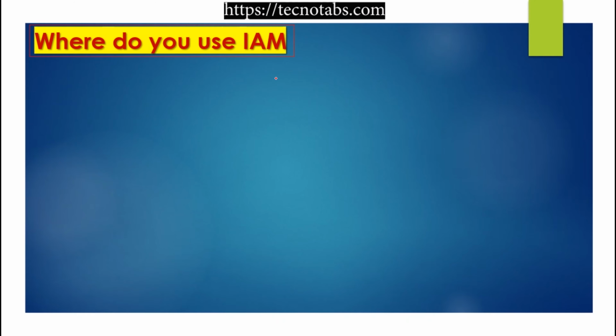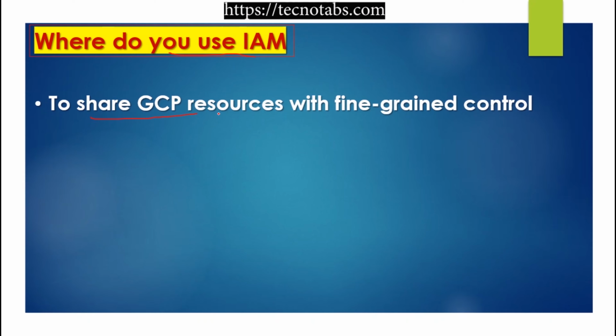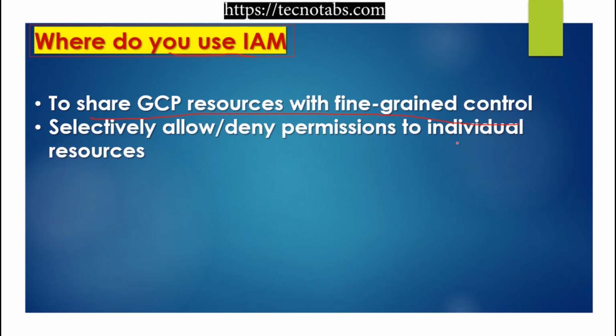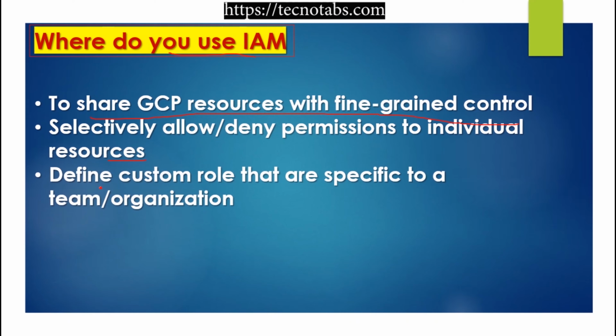It's time for us to understand where to use IAM. To share GCP resources with fine-grained control, we use IAM, right? To selectively allow or deny permission to an individual resource, we use IAM. And to define custom rules that are specific to a team or organization, we can achieve this by setting up custom roles, and along with that Google provides some predefined roles, the primitive roles and the custom roles that we define, and we can achieve a lot using these.